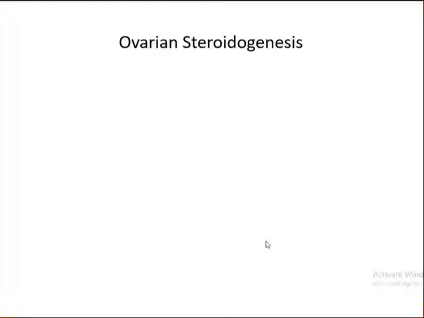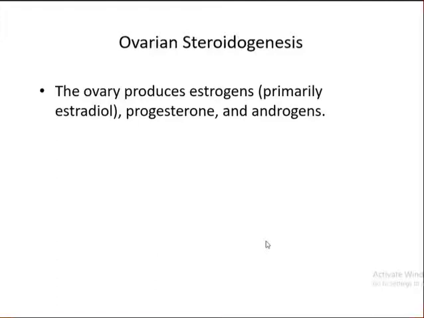So now we have finished the male sex hormones and are coming to the female sex hormone as well. Now, the ovary produces estrogen, primarily estradiol, progesterone, and androgens. Remember.